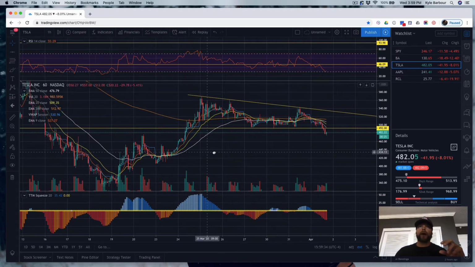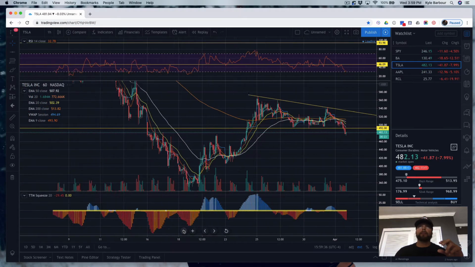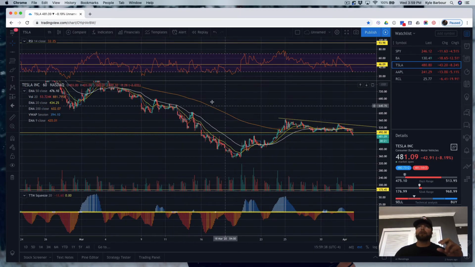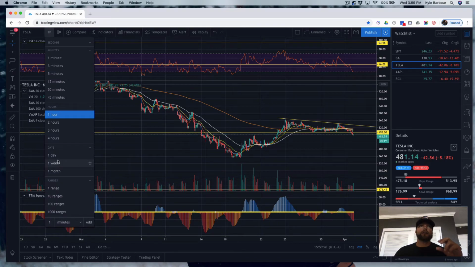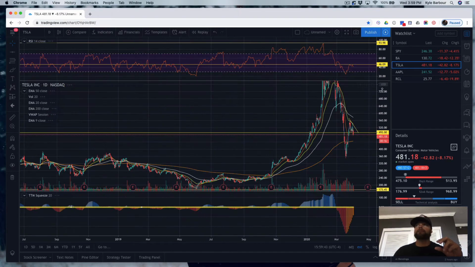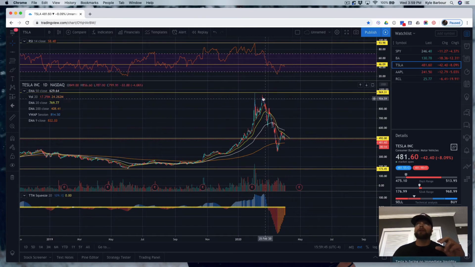So if you go back in time, you can see that, let's maybe go to the daily. When Tesla was up around the 970 area, the RSI was extremely high. It was at 95. A neutral range is between 70 and 30. So when something goes over 70 and continues up, it's most likely going to come down.